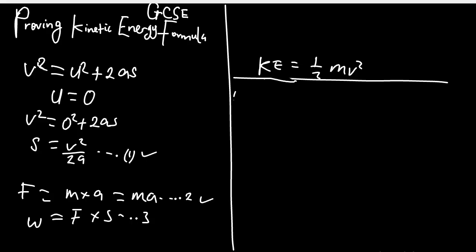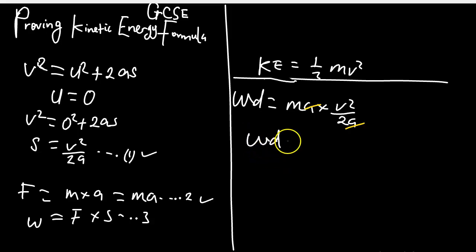So work done is going to be, from equation 2, F is equal to ma, so this is ma multiplied by s, and from equation 1, s gives us v squared over 2a. Observe what happens. We have a and a, so this cancels out. If I simplify, work done becomes m times v squared over 2.